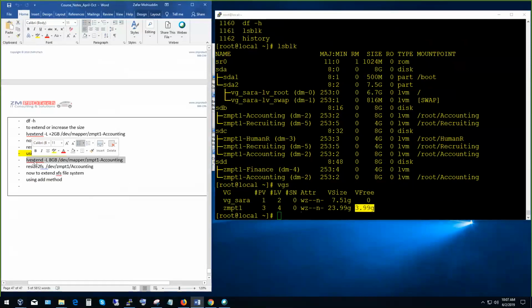So we're gonna use the same LV command, lvextend, and then I'm gonna add 2 GB, and then I'm gonna add it to recruiting because recruiting is an XFS file system.